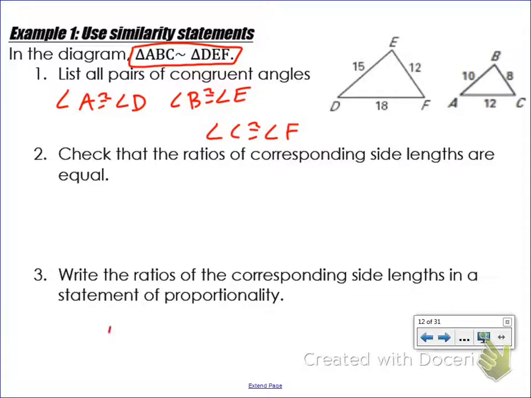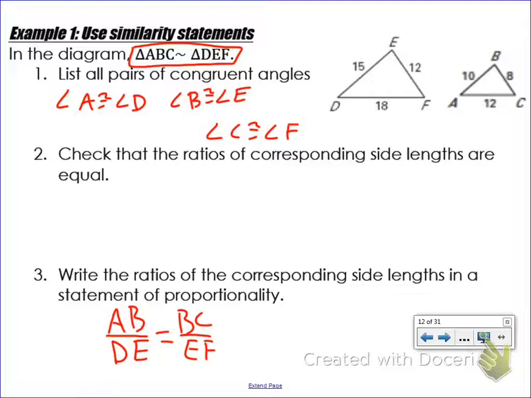We'll start with AB. AB is the first 2 letters of my first triangle. That corresponds with DE, which is the first 2 letters of my second triangle. So AB over DE is going to be my first ratio. This is going to be equal to BC, which are the second and third letters of my similarity statement for my first triangle, over EF, which are also the second and third letters.